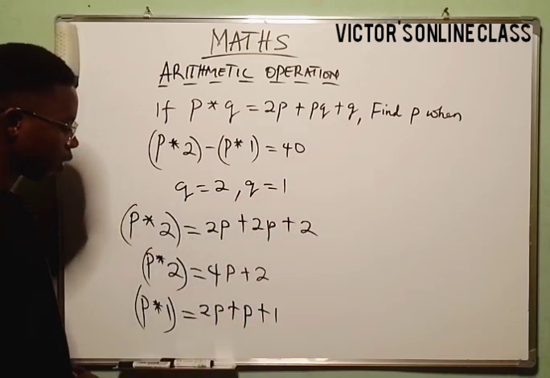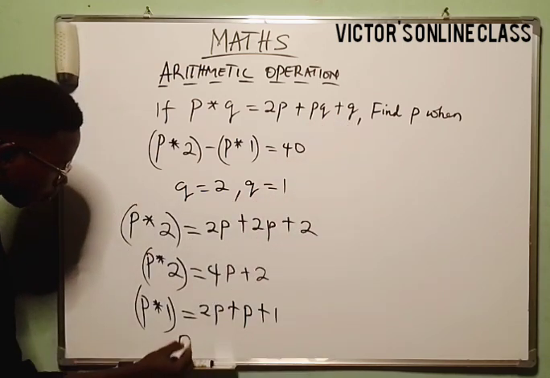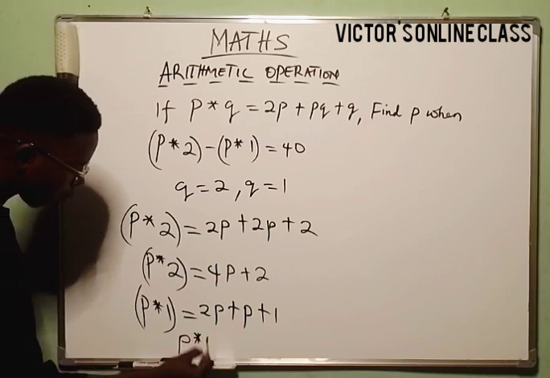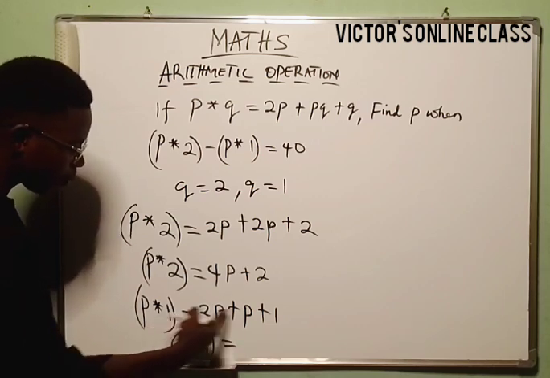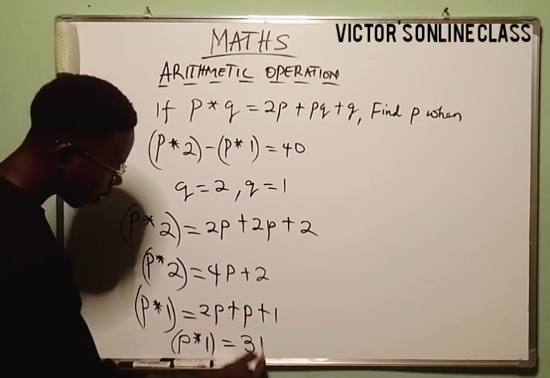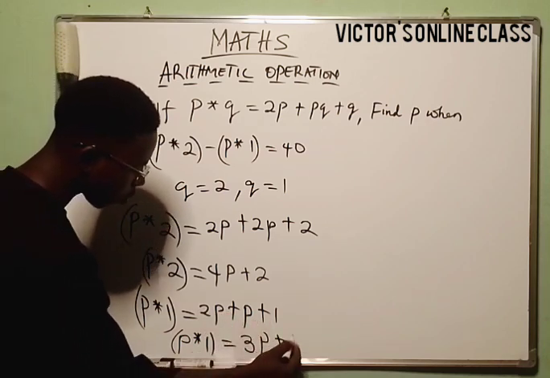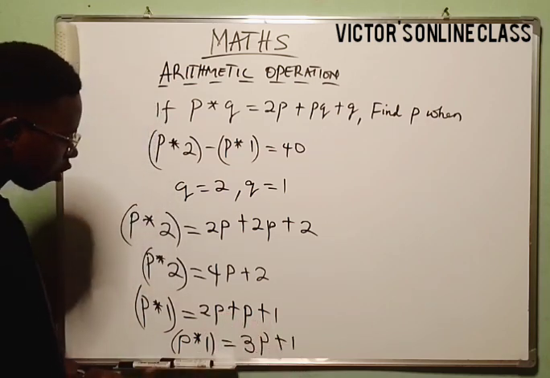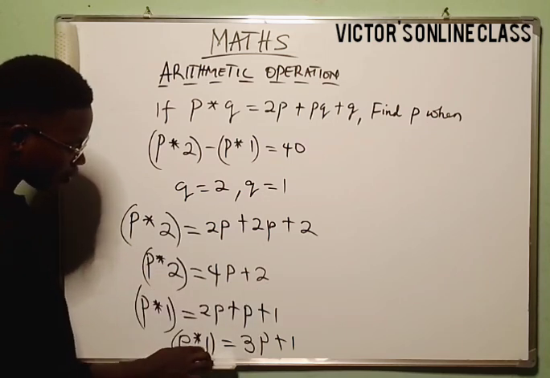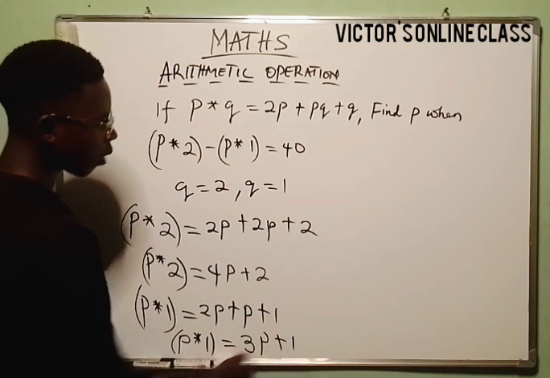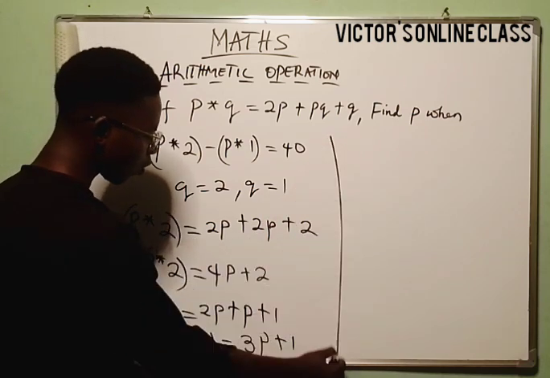Now, you are going to have P asterisk 1 equal to 2P plus P, which will give me 3P, plus 1. Therefore, you have 4P plus 2 for P asterisk 2, and for P asterisk 1, you have 3P plus 1. Now, we can solve.